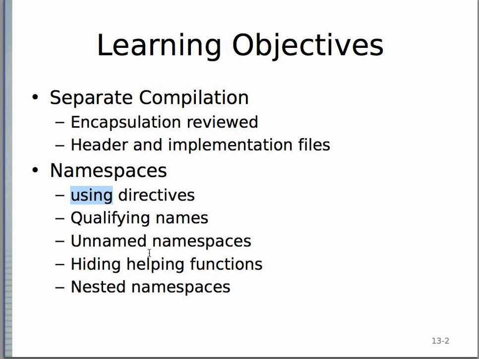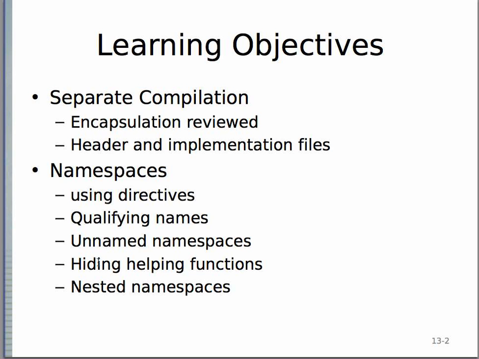We will also look at unnamed namespaces, which is something that C++ uses to replace various things that are still in use in C. In C we use static things, and now in C++ we tend not to do that, and we use what are called unnamed namespaces. You could think of it as an anonymous namespace.